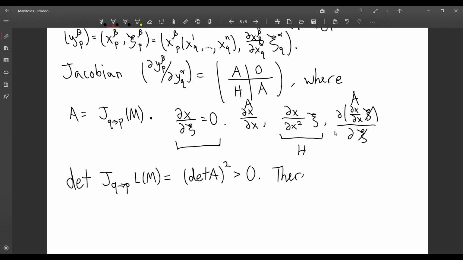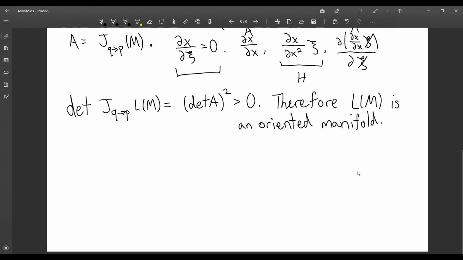Therefore, L of M is an oriented, or I should say orientable. Well, no, it already has orientation in the coordinates that we've given it. It is an oriented manifold.